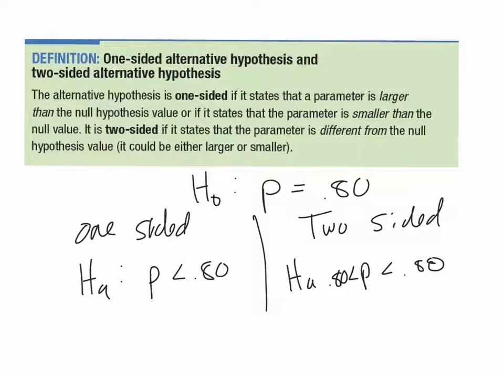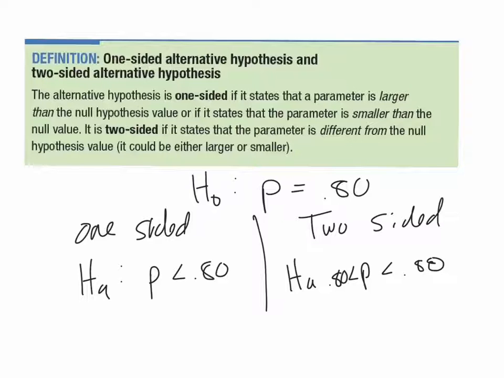We would be looking at both sides of that. You can write that inequality however you want to write it, but we'd be looking at both sides. Is the true proportion, his true shooting percentage, greater than 80, or is it less than 80?